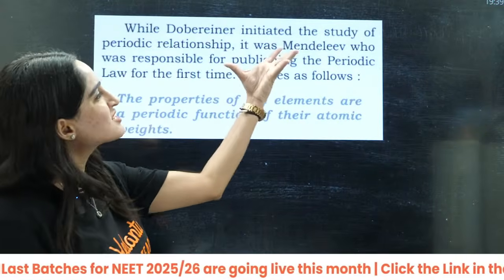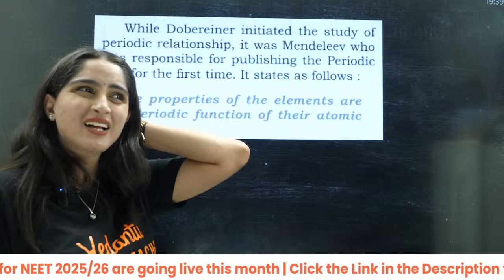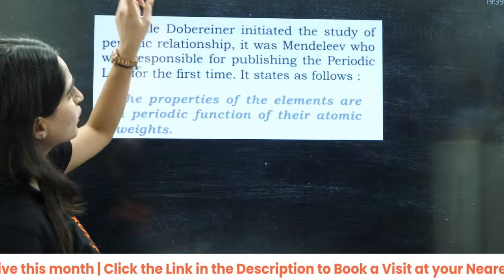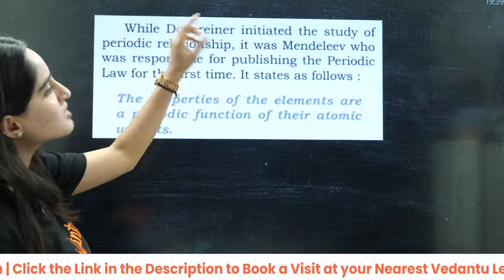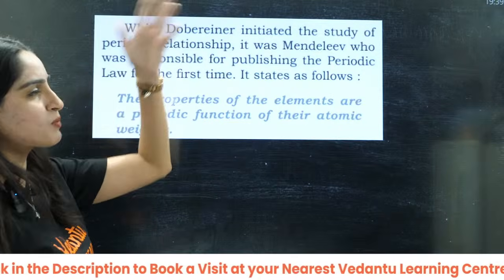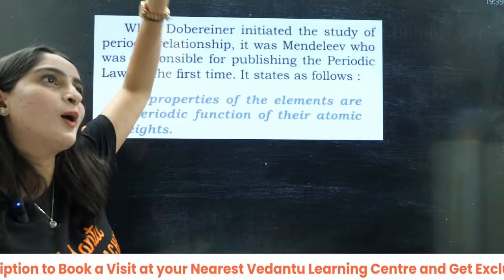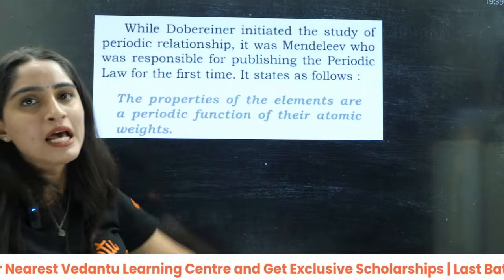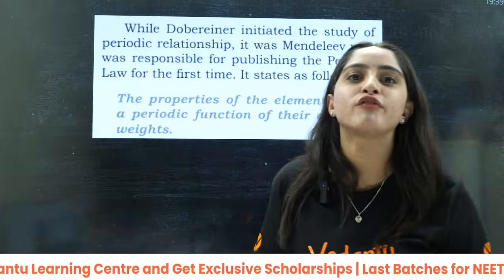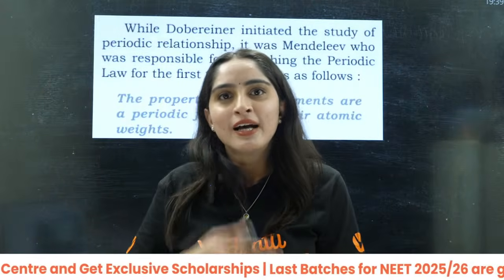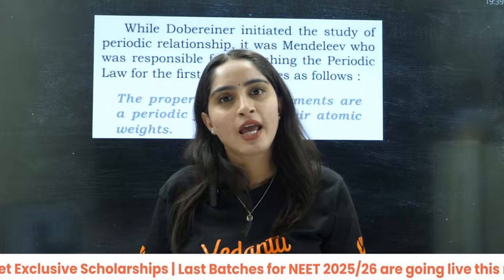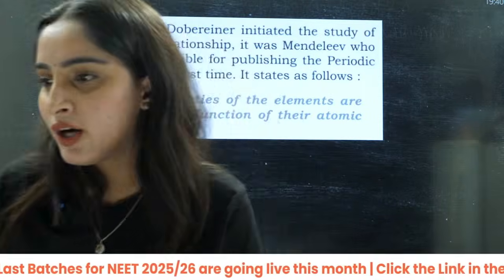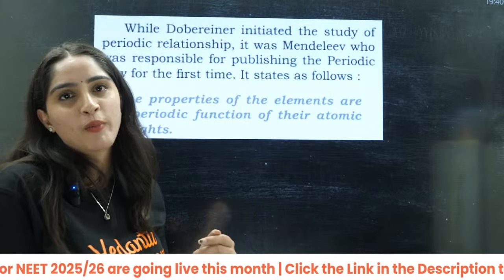You can see NCERT is also like, why did this happen? Even Dobereiner, who actually initiated the periodicity thing the very first time, was not given any credit for that. Lothar-Meyer though gave the same results. He also was not given the credit. Sometimes it's also about luck, right?